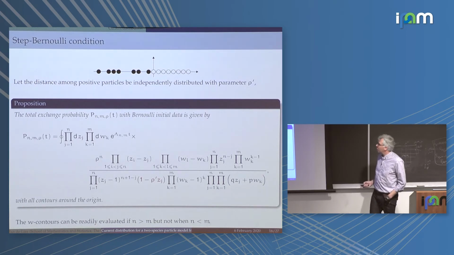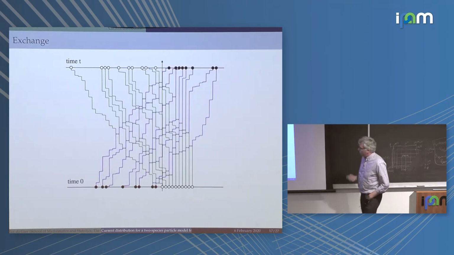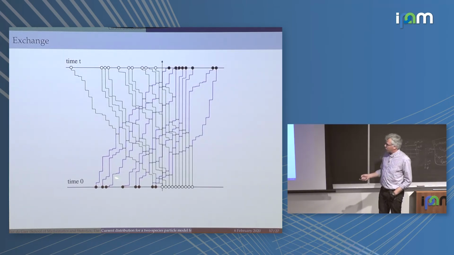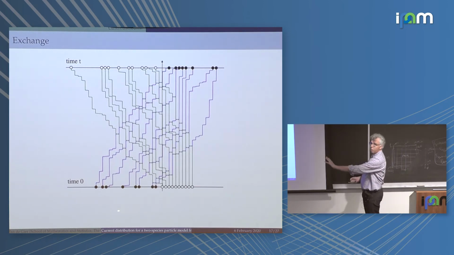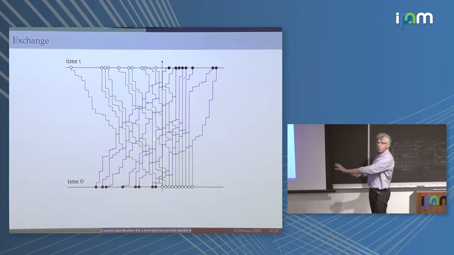Now, why is that? If you look again at this picture, the plus particles are distributed randomly, which means that on average they're further away from the origin. So you're interested in timescales where they meet at the origin. If I have more plus particles than minus particles, at long times they will have crossed, and you're still left with plus particles that still need to cross the origin.